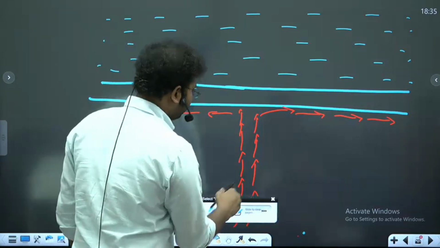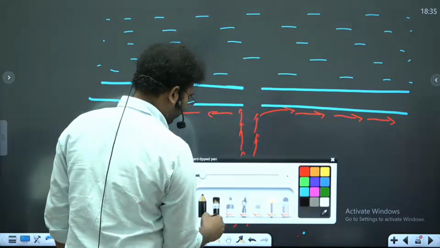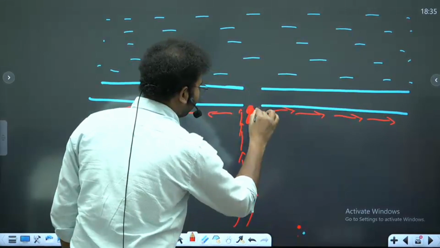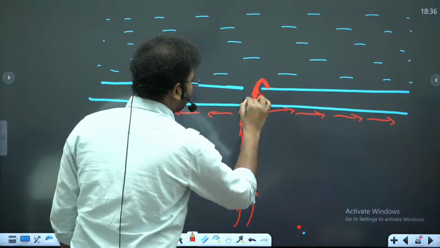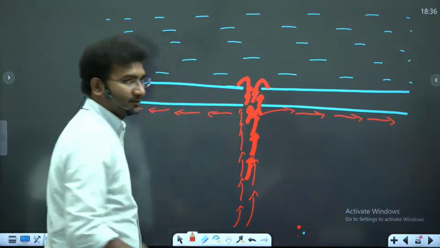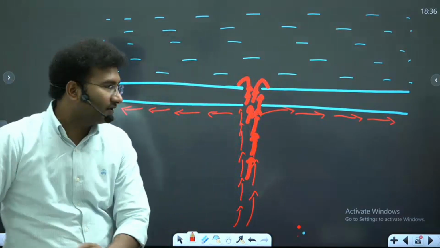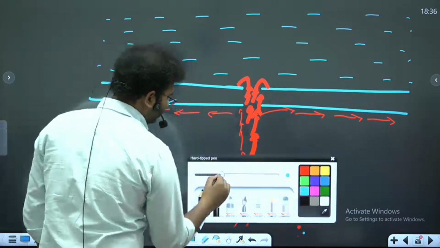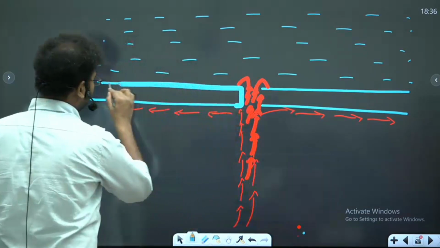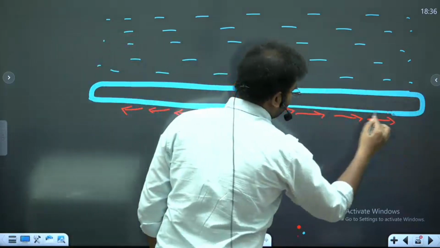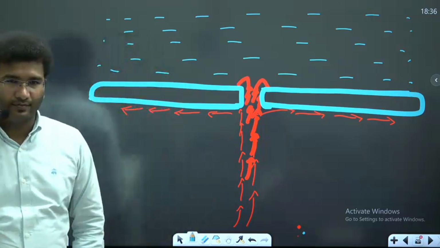Yes. The puncturing will take place at one or the other point of time, and you see that this rising limb will start to rise outward, and this volcanic material will start to get deposited. Right? So, clear?